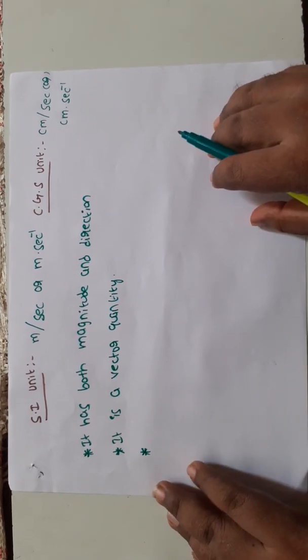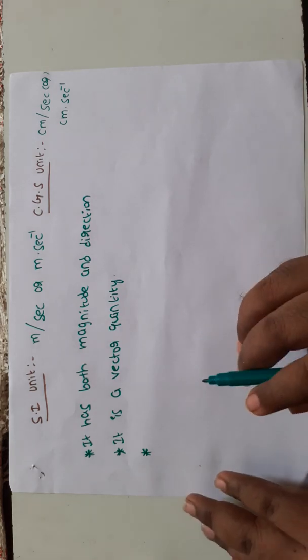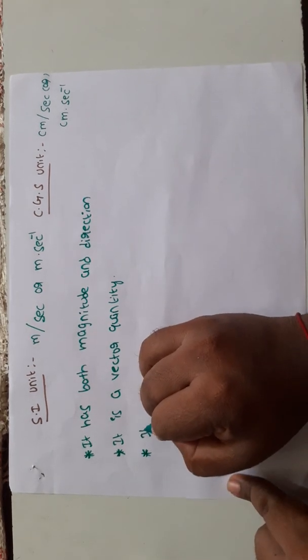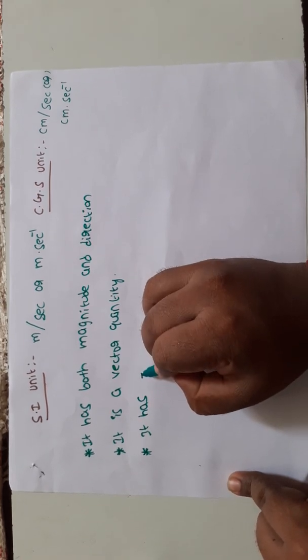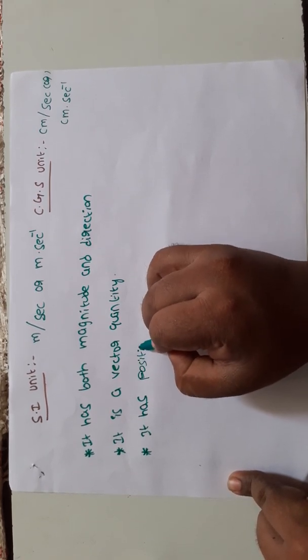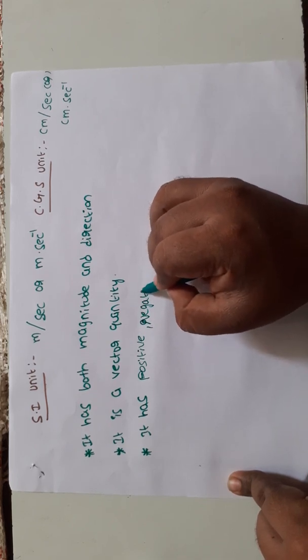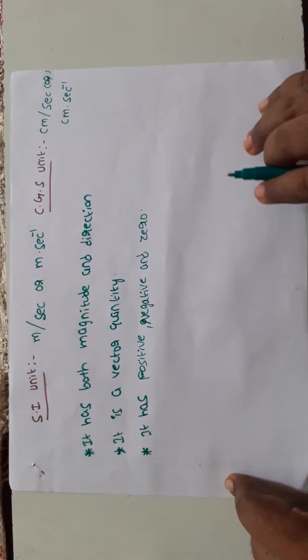In the topic of displacement, we already discussed which types of values displacement has: positive, negative and 0. Velocity also has positive, negative and 0 values.